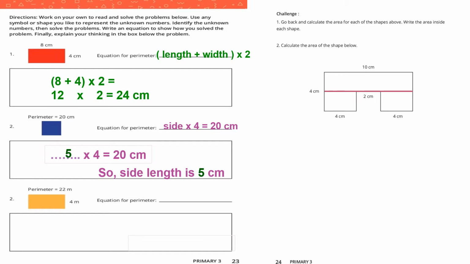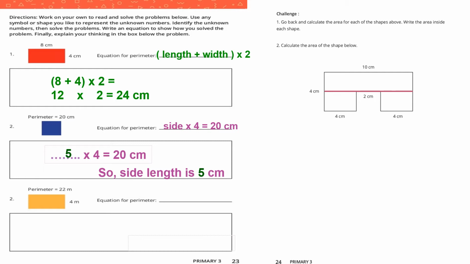The next one, we have here a rectangle. Its perimeter is 22 meters and its width is 4 meters. We know the perimeter of a rectangle equals length plus width plus length plus width. So length plus width plus length plus width equals 22.